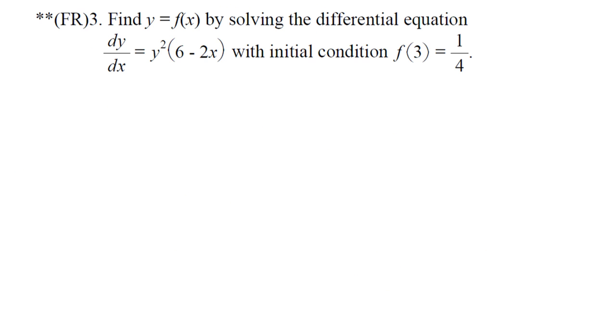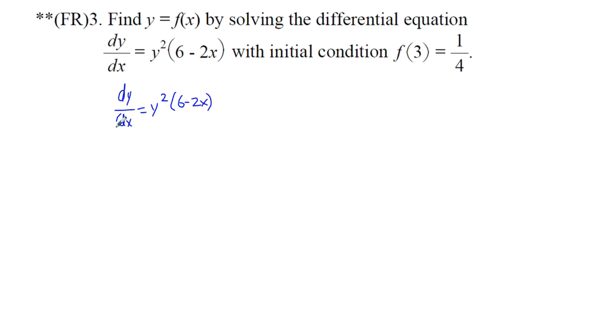Next, find y equals f of x by solving the differential equation. dy/dx equals y squared times 6 minus 2x. So again, we have dy/dx is equal to y squared times quantity 6 minus 2x.